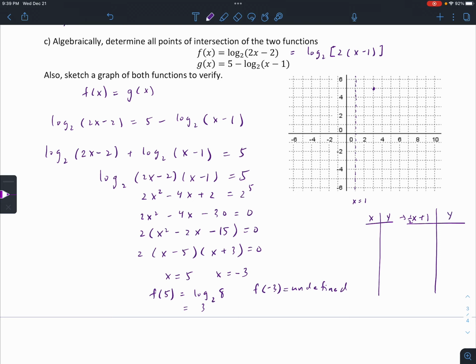So our original points that we can go with for this could be 1 and 0, and the base function here is log to the base 2 of x. So if x is 2, then we have a y value of 1. If x is 4, we have a y value of 2. If x is 8, we have a y value of 3. So that should be enough. We don't really need more points than that.